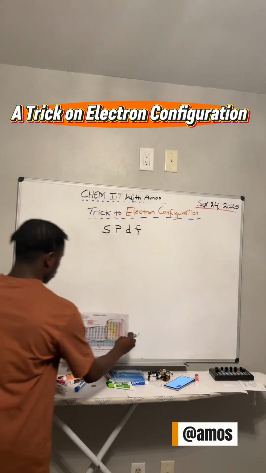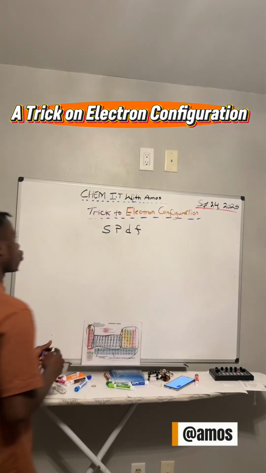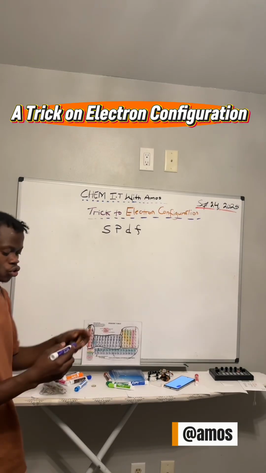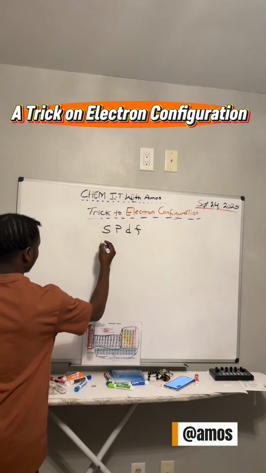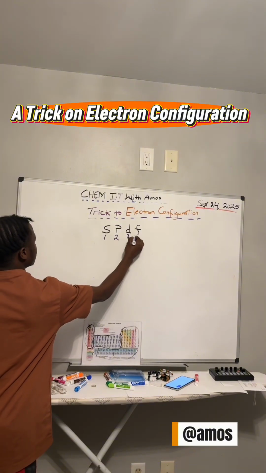Okay, so I'm going to show you a pattern that you can use to configure any element on the periodic table. We will use this simple step. How many letters are here? There are 4, right? 1, 2, 3, 4. So we can label them as 1, 2, 3, 4.